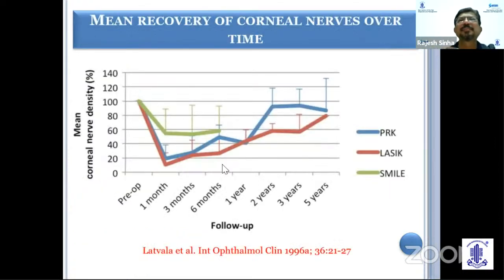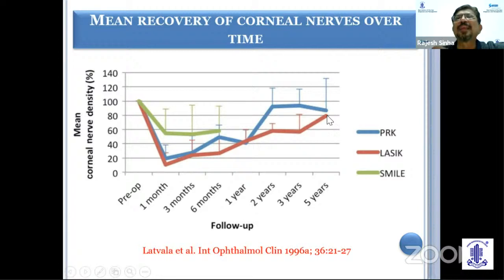As you can see here, this is what the graph shows, and this is a study done for up to 5 years. What you can see is that in PRK, by 6 months it is almost 50% back to normal. This is about the re-innervation, and by about 2 years it is close to normal, but it doesn't reach the normal value till 5 years.